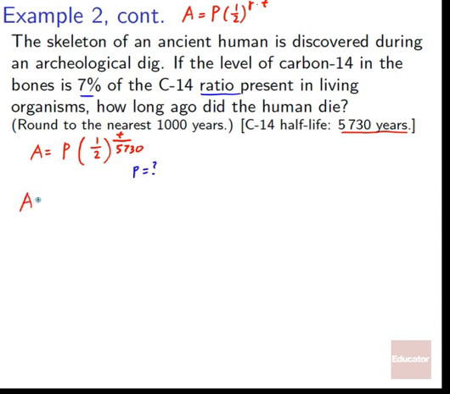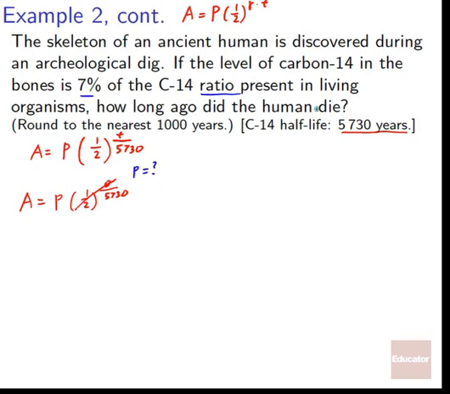So A equals P times (1/2) to the 0 over 5,730. Well, that's a number raised to the 0, which just becomes 1. So we've got A equals P. The amount that we start with is equal to the principal amount. That's exactly what it's there for. So what ratio do we want to start with? If the ratio slowly declines, let's just say that it started at a ratio of 1.